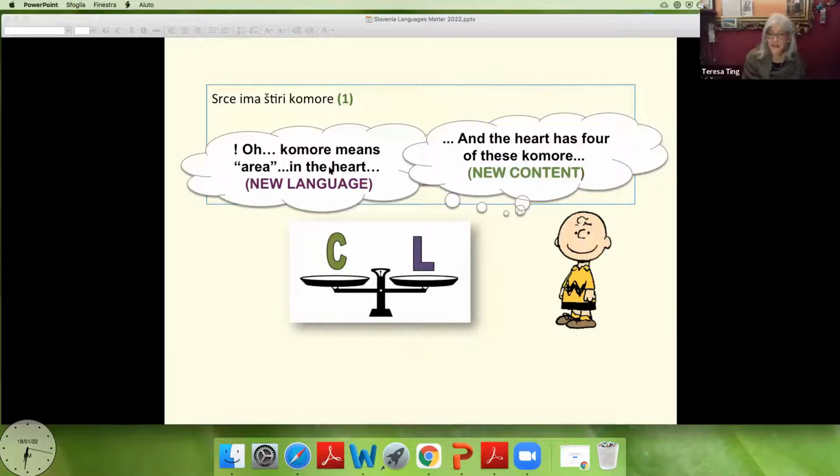So he's understood the new language, and he's understood the new content. So Charlie has figured it out, and that's great. And we know from last seminar that Charlie's brain works very quickly. Remember the Cambridge text, which is all jumbled up, and we were able to understand. So Charlie's brain is the same. It works quickly and understands what this input means.